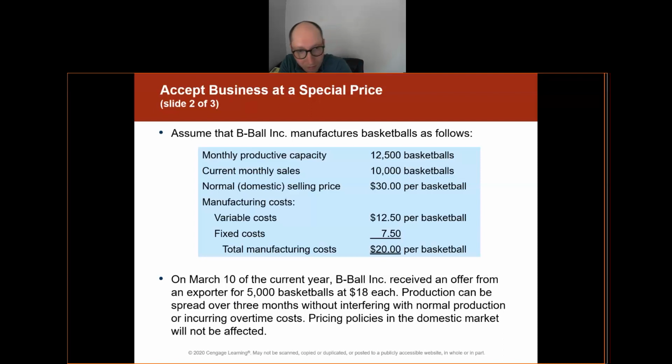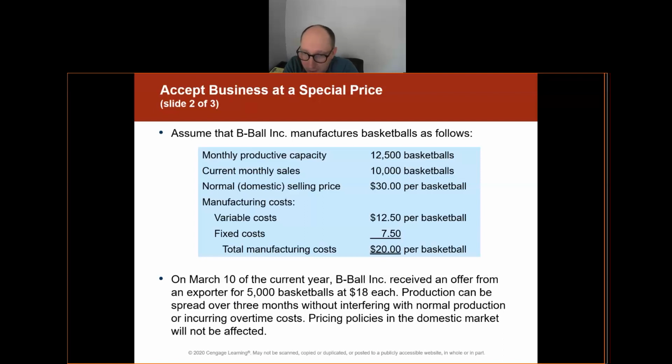Oh, I remember this example pretty well. So here we go. We got some data here. Currently, we're selling basketballs. We have the ability to produce 12,500. We're currently producing 10,000 basketballs. So that means we have the ability to produce another 2,500 to reach our 100% capacity. Our current sales price is $30 per basketball.